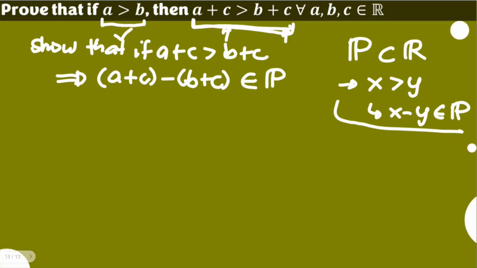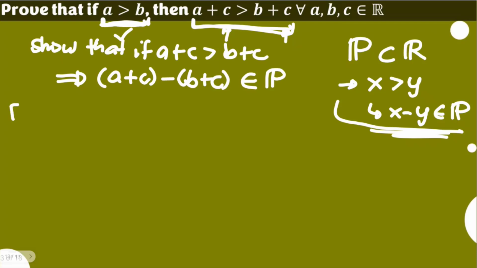Because if we can, that means B plus C is smaller than A plus C, then we have established the item that we are trying to prove. That's why we presented the set of positive real numbers, because we are going to use that as part of our proof. At the same time, our hypothesis here is also an inequality.